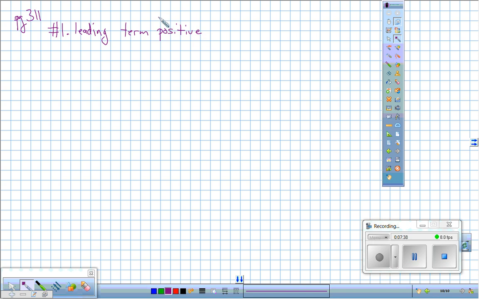If it's positive, it'll look like something like that, or if it's an odd one, it'll look like that, or negative. So this is even, odd, or negative. If it's negative and even, both will go down. If it's a negative odd one, they always go opposite directions, but it'll go from top to bottom when we're going from left to right.